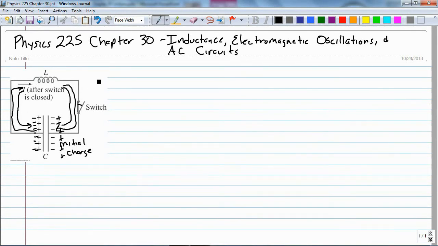So this becomes the electric version of a spring, an oscillating spring, or pendulum.